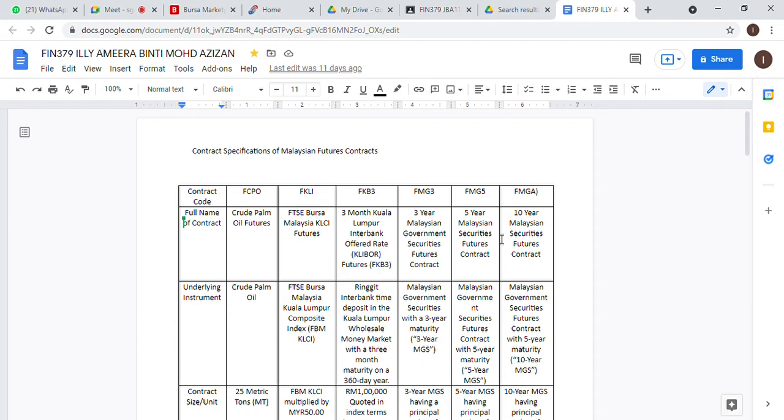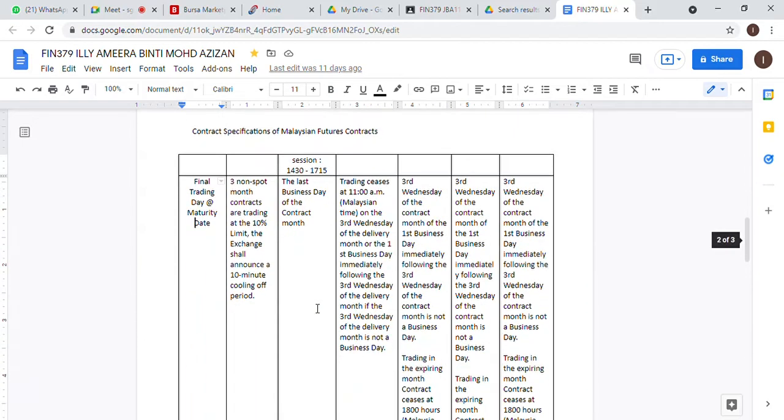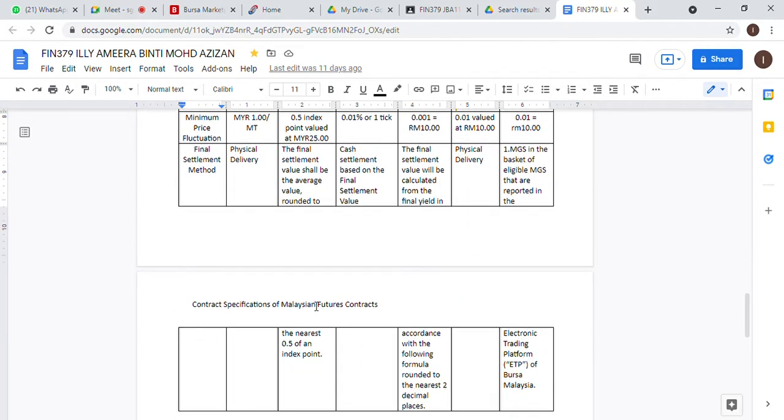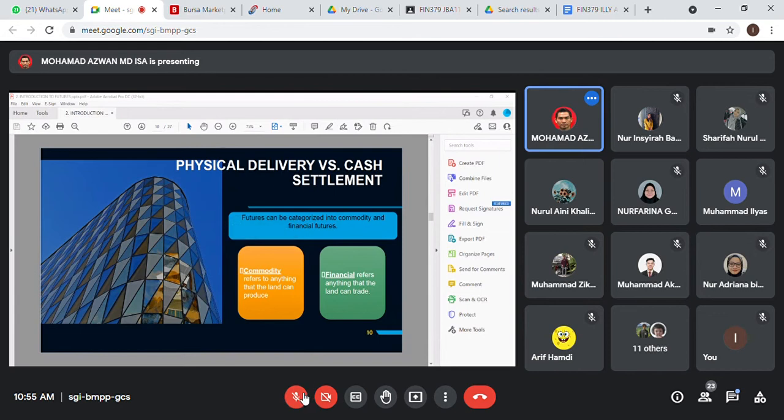Okay, what about the settlement? The settlement. Okay. Is it a physical delivery of cash settlement? Menurut Ain Khalifah, for FCPO, is it cash settlement or physical delivery? Physical delivery. Okay. Because it is a commodity, ya. Commodity. Okay.